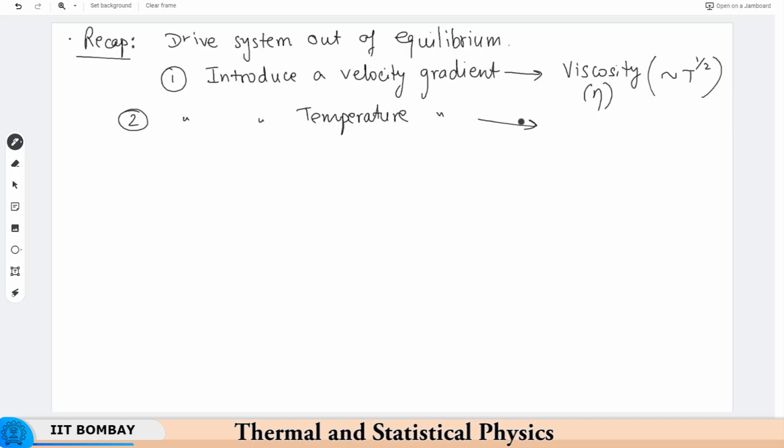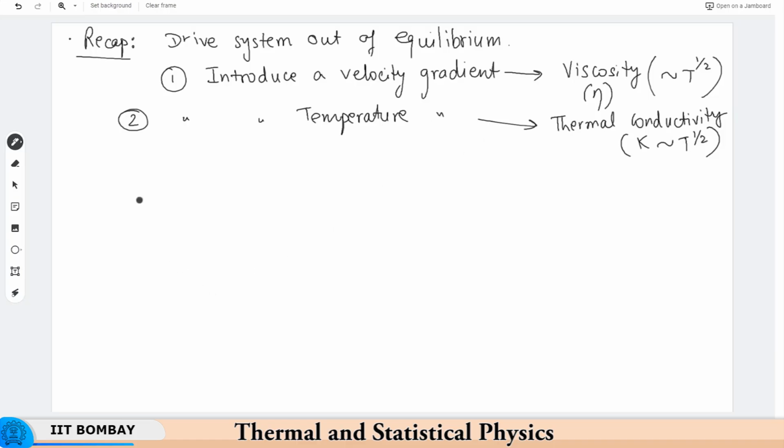In that case we defined the transport property as thermal conductivity, which we denoted by the symbol K, and this also we saw scales as temperature raised to the power half, and it is independent of pressure.